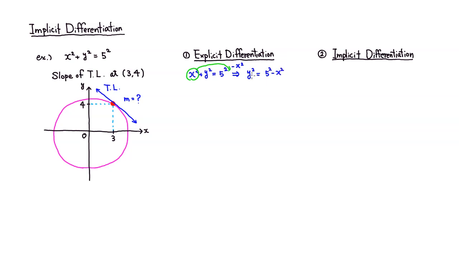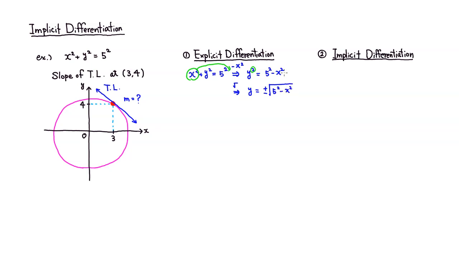Then we have to get rid of the square here to isolate y. So if you take the square root, you're going to get y is equal to, and whenever you take the square root, you have to be careful because we have to consider the positive version and the negative version. So you have plus or minus the square root of 5 squared minus x squared.